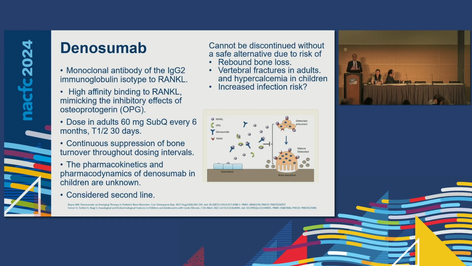We used to use a lot of denosumab up until a study that came out a few years ago that showed that denosumab cannot be discontinued without a proper alternative treatment. So if denosumab has to be discontinued, then we do have to have a plan in place to take the place of denosumab.